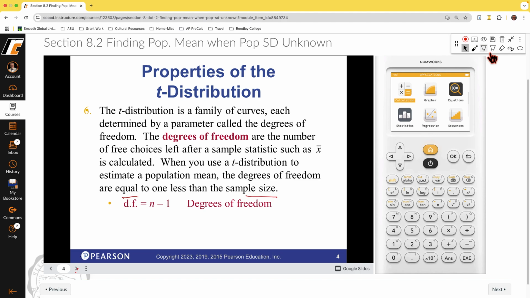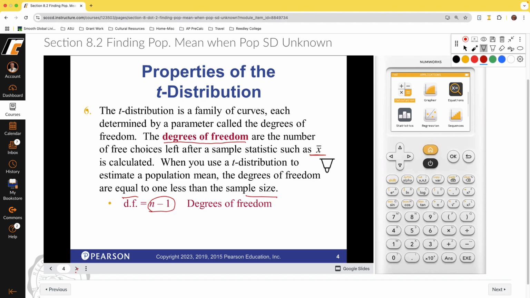Also, what we see with the properties of the t-distribution is something that we refer to as degrees of freedom. We're going to have to state this, and it's always going to be 1 less than the sample size. The way to think of this: to calculate the mean of the sample takes up one of the items from the sample, right?